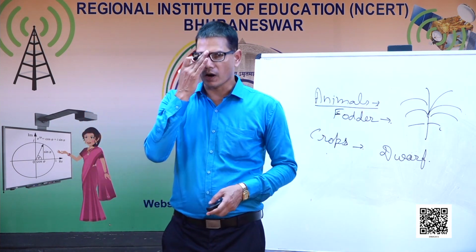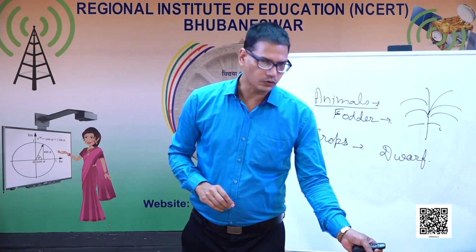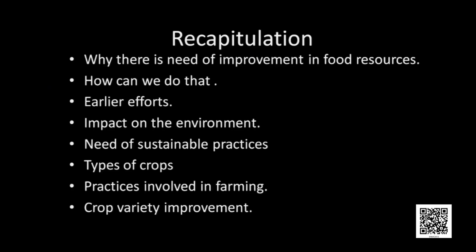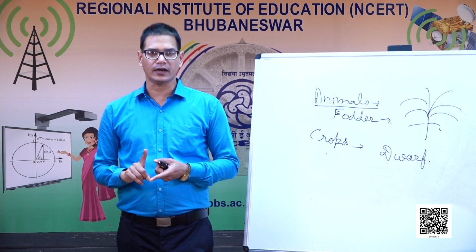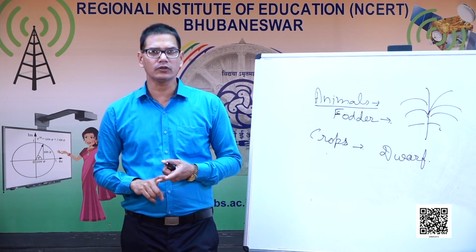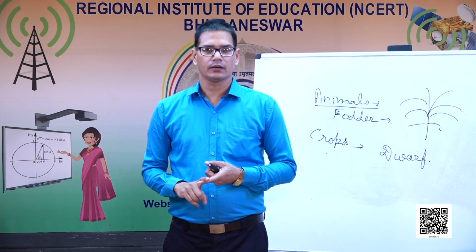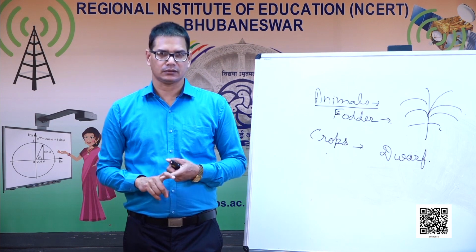Now, what we learned today? We learned about why there is need of improvement in food resources to meet the requirement of increasing population and to eradicate the hunger. How can you do that? We can do that by adopting sustainable practices.